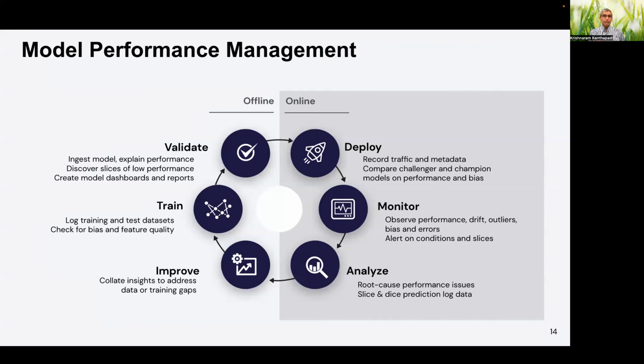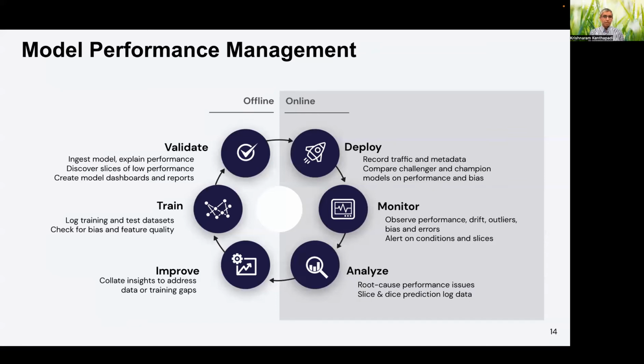Just like we encounter issues during model validation, we may also encounter similar issues once the model is deployed. We have to think about not only accuracy of the model, but also dimensions like bias or adversarial robustness, or perhaps any potential privacy breaches, so on and so forth, once the model is deployed.